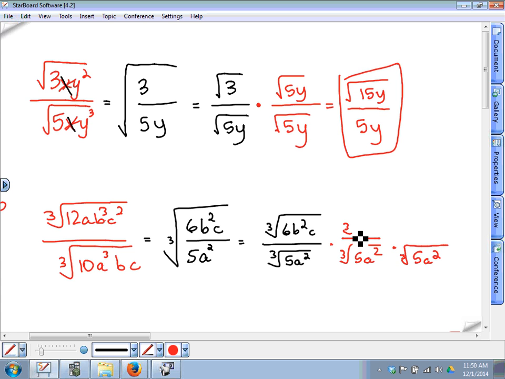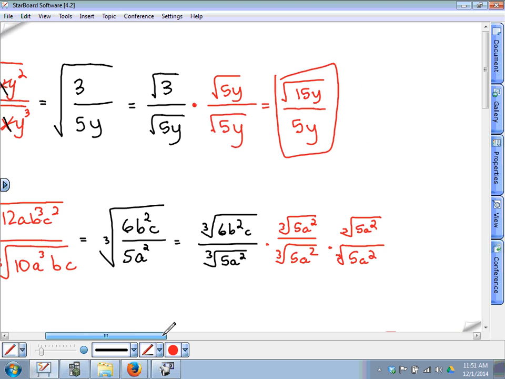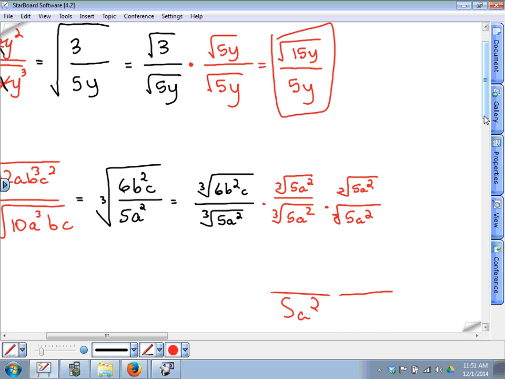Top and bottom. So if you have the cube root of 5a squared multiplied by itself 3 times, it's just 5a squared.